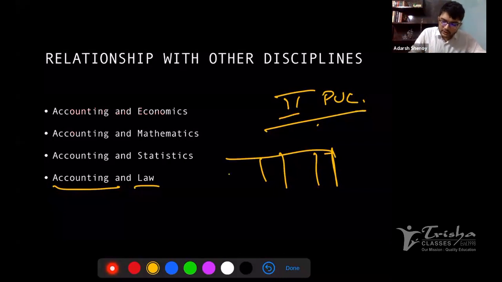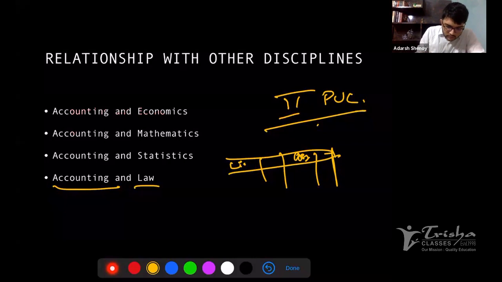We can't draw it like this. We can't write liabilities, assets, and draw it up like this. You will get the correct answer even if you draw it like this. But the act says, the law says, the Companies Act 2013, which is applicable for companies, says you should draw up the balance sheet and the profit and loss statement as per Schedule 3, and Schedule 3 gave us that particular format.